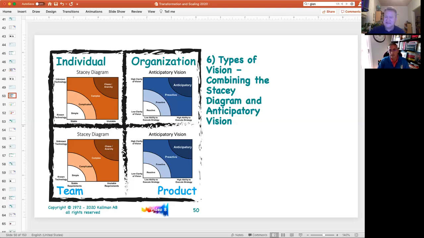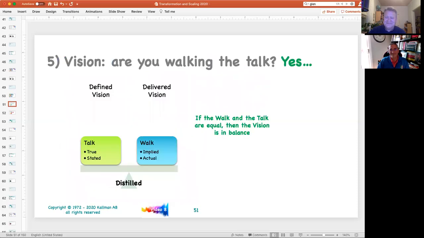Beautiful. Excellent tangent. It fit right in. Cool. Yeah, because ultimately, defining versus delivering, we can say, here's our vision. I can talk all I want. I can say it till I'm blue in the face.